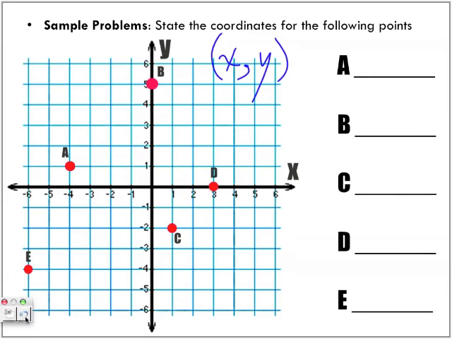Let's look at our points and start with letter A. Which axis are we going to look at first? X, right? So we have point A over here. What point is represented with x? -4, right? So -4 is our x value.